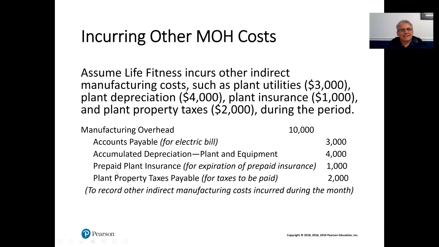So instead of crediting all of these accounts, I'm going to just put everything under accounts payable. That makes it easier for me to put on the T accounts. So $10,000 is charged to manufacturing overhead. We know that the reality is that many of these accounts will be credited, but I'm going to make it simple for us. I'm going to put all of the 10,000 into an account called accounts payable.